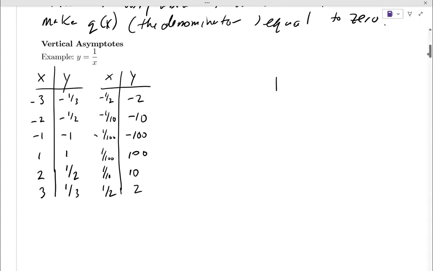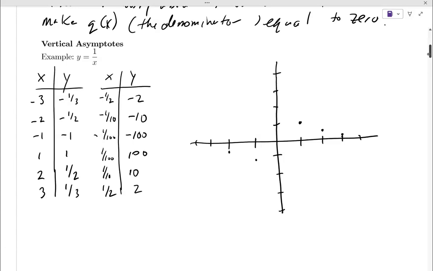And we've already seen, like I mentioned before, the graph of 1 over x. But just to sketch it again here, we said when we put in 1, we got out 1, put in 2, we got out a half, put in 3, we got out a third, and so on. On the other side, we get something similar, just on the negative side of things.